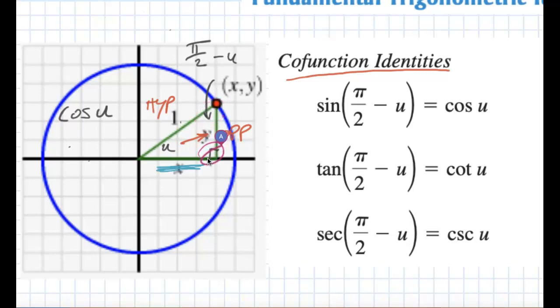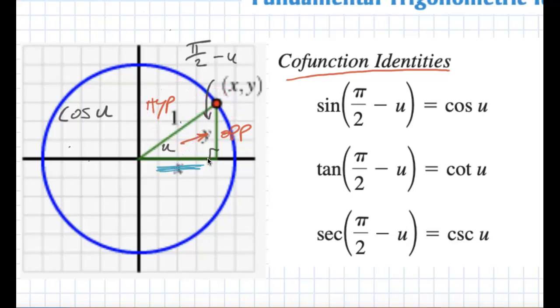This guy up in the top is going to be pi over 2 minus u, or 90 minus u, right? So that's this angle up here. Well, if cosine of u was blue over hypotenuse, that's the same as comparing from the perspective of pi over 2 minus u, that's the same as blue over hypotenuse as well. So that's why you have equivalence.